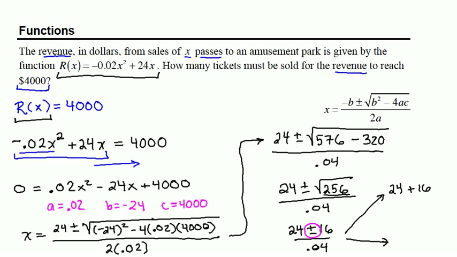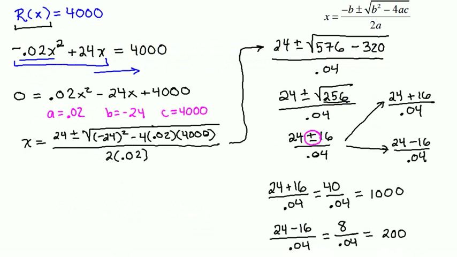So one solution is going to come from 24 plus 16 over 0.04. The other is going to come from 24 minus 16 over 0.04. Let's figure out what each of these is. So we ended up with two solutions, both of which are rational numbers, 1,000 and 200.